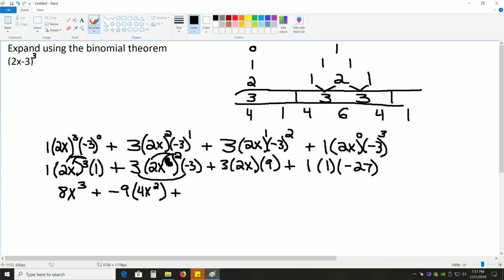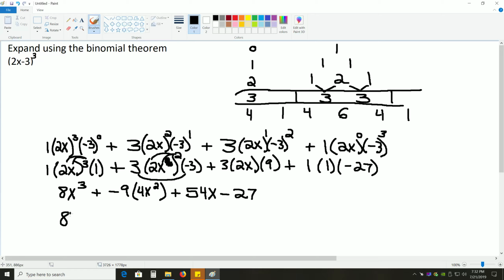Plus 3 times 2 times 9. That gives us 3 times 2 is 6, times 9 is 54, times x. And finally, 1 times negative 27 is just negative 27. So our last step to simplify this is just to multiply this negative 9 and 4, which we could have done earlier as well, but it's better to separate these to show all the work.